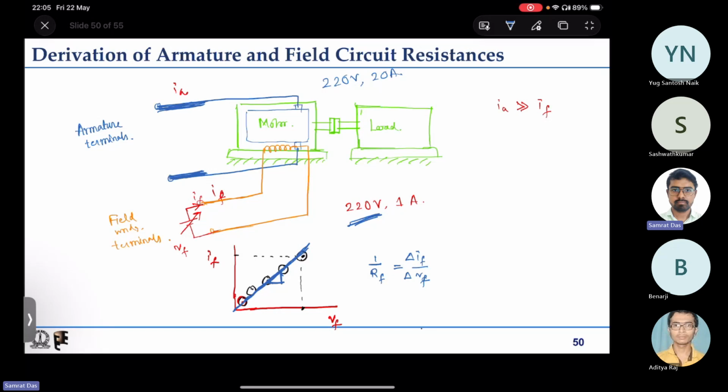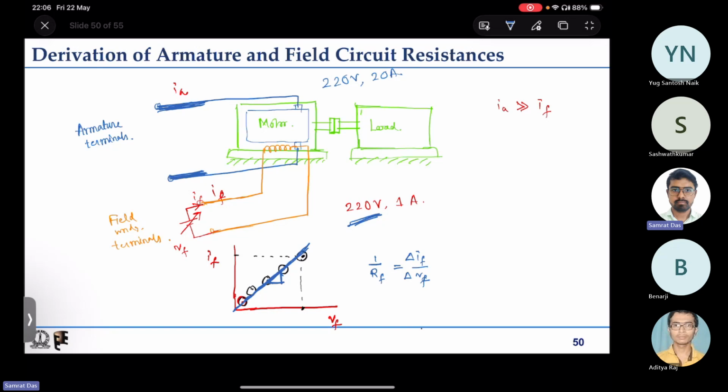And in the rated condition, that is when the motor is supplying the rated torque, then 20 ampere is supposed to flow through the armature winding, and the motor is rotating at the rated speed. So that is the armature winding.